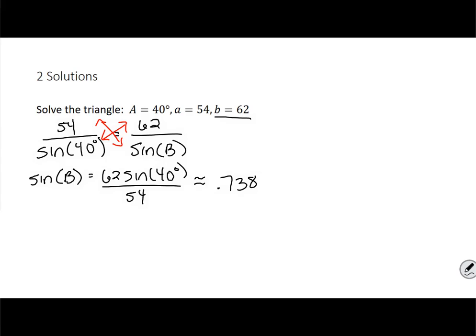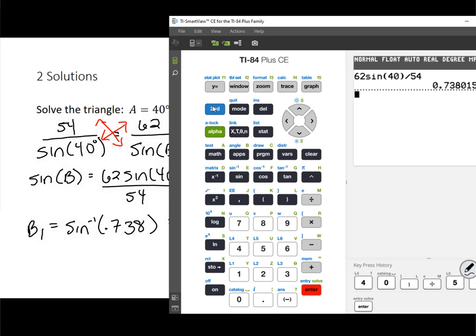So now I use an inverse sine function in order to solve for the angle B. I know this has two solutions, so I'm going to call this B1 equals sine inverse of 0.738. I hit second and then sine to get the sine inverse function in my calculator, and then 0.738.